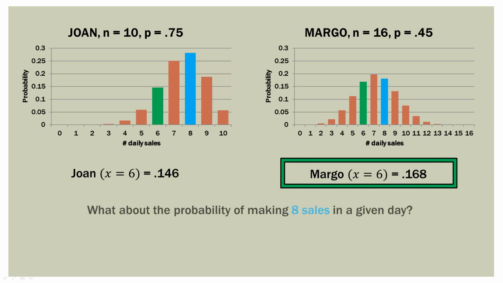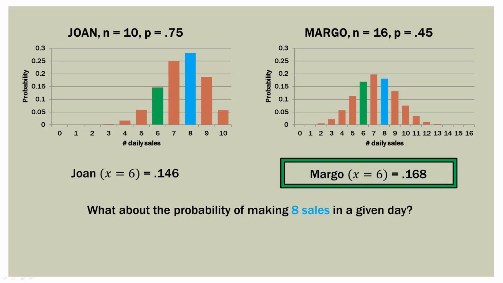Now, what about the probability of making 8 sales in any given day? So now look at the blue bars. For Joan, that's way up there. That's between 0.25 and 0.3. So we can say about 0.28 probability for making 8 sales.